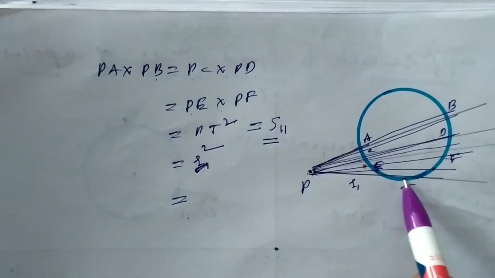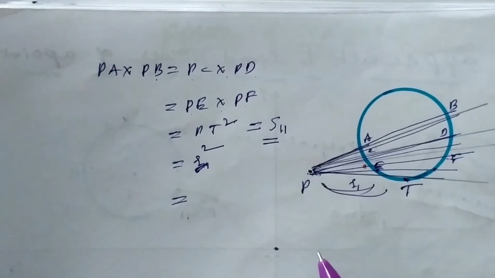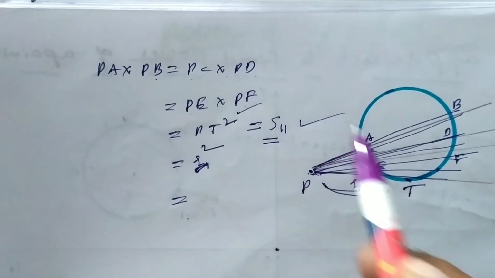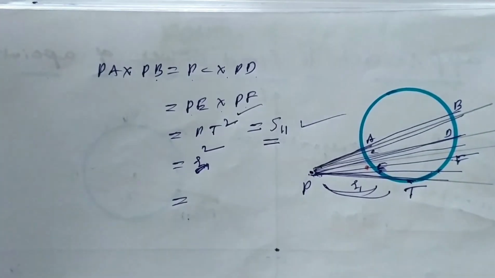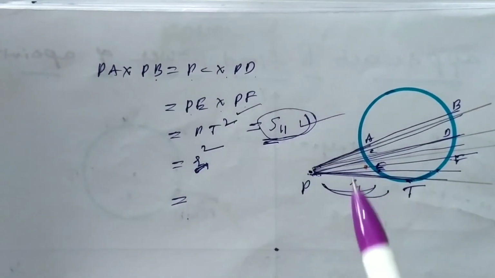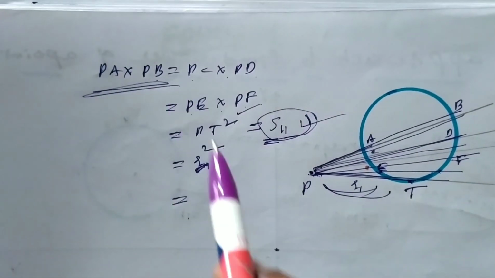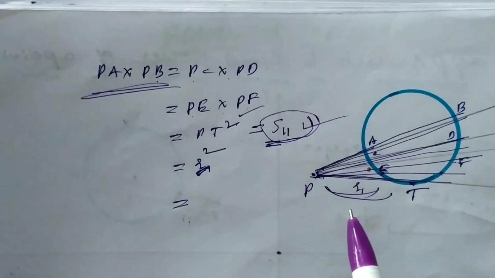They meet at a point T, so in that case we write PT into PT, that is PT square. So PT square is nothing but S11, the square of the length of the tangent. Therefore it is S11. So ultimately the product of the line segments is always S11.